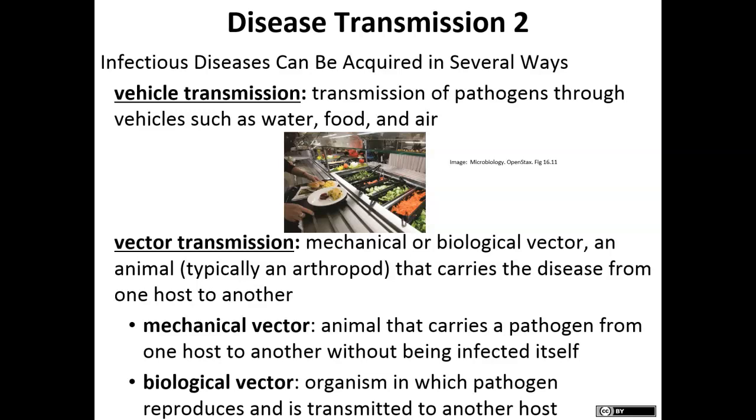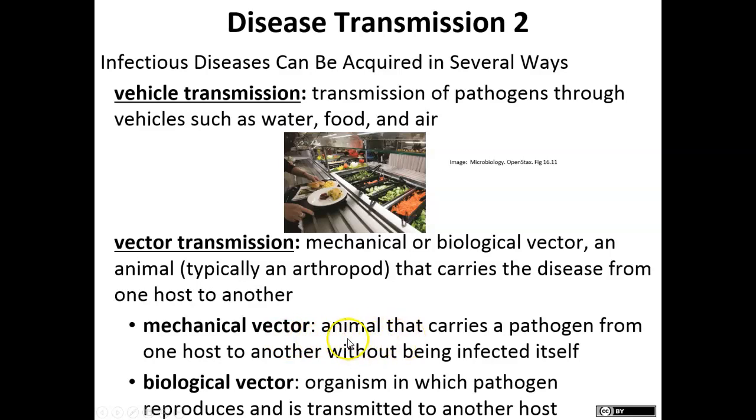A lot of times these are mechanical, which we talked about in, I think, chapter 5, mechanical vectors and biological vectors. I added those in because when we talk about different eukaryotic organisms, a lot of times they are mechanically vectored or biologically vectored. So I talk about them there, but I'm reminding you again.